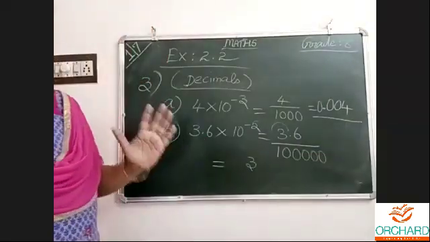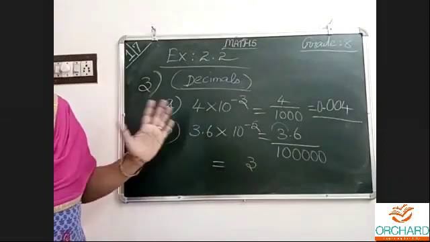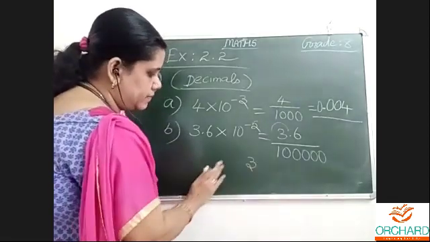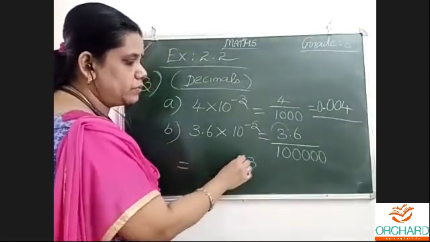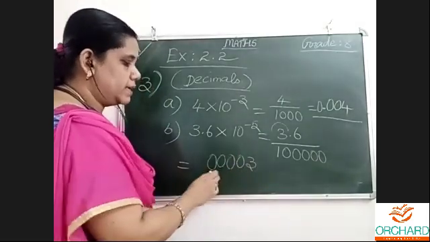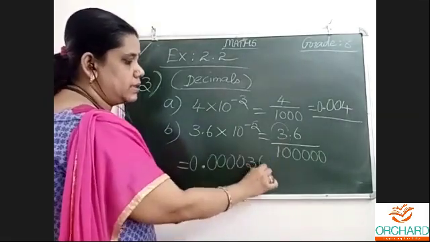I want 5 jumps in order to do the division. One number is there. Remaining how many do I want? 2, 3, 4, 5. 5 numbers. A point here. So this is the answer.